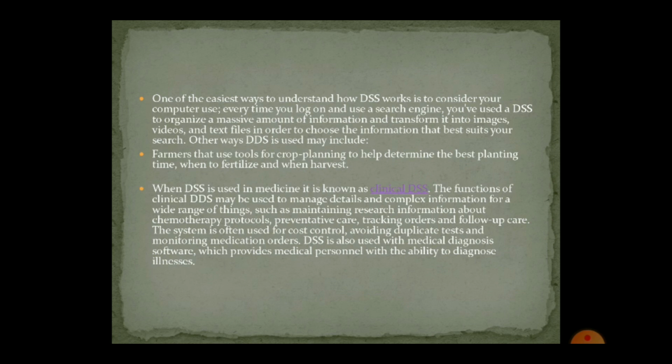The system is often used for cost control, avoiding duplicate tests, and monitoring medication orders. DSS is also used with medical diagnosis software, which provides medical personnel with the ability to diagnose illness.